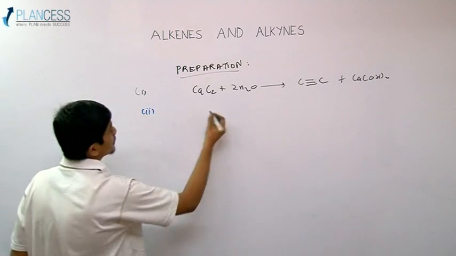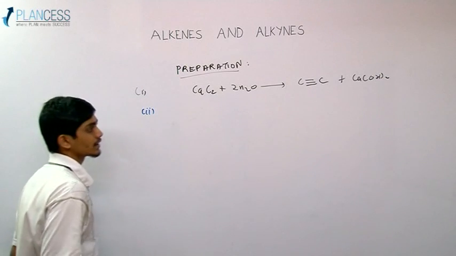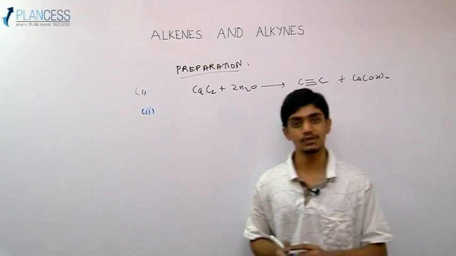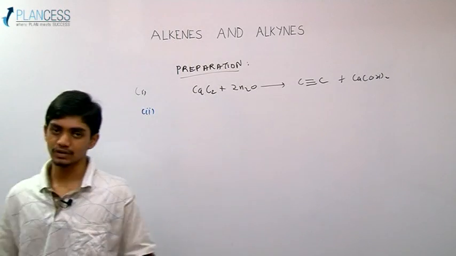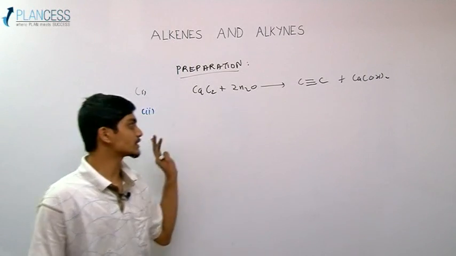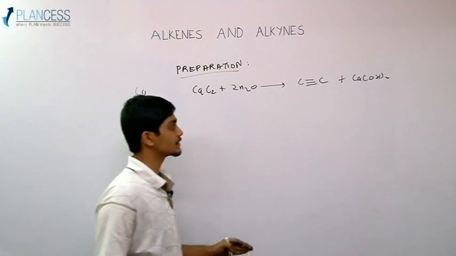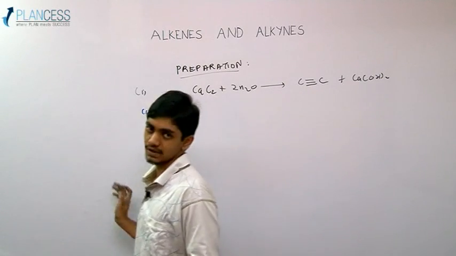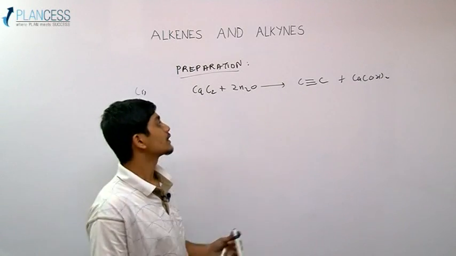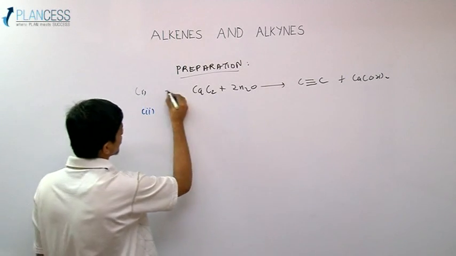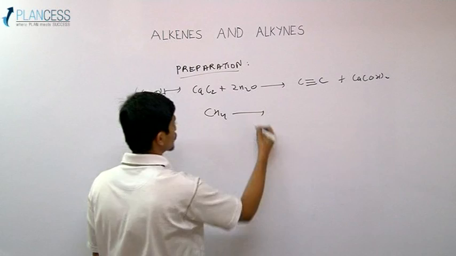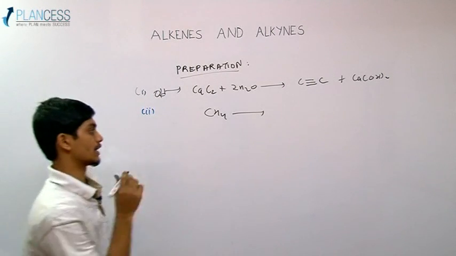Second reaction can be, this is actually an old reaction. This is an industrial reaction, that is, it is used in industries for the large quantity production of alkynes. This cannot be used in laboratories because it gives very, very little yield. But this is very economical, so they use it in industries. Now, this is an old reaction, but the modern reaction is this. You take CH4 and you pyrolyze it.